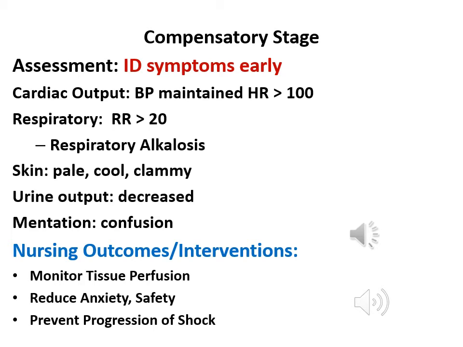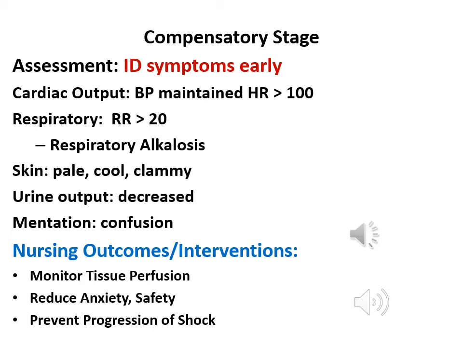The heart rate, however, may be elevated, and I use the criteria of over 100 as a starting point. The reason that it may be elevated is because the heart is working harder because the sympathetic nervous system is causing vasoconstriction.